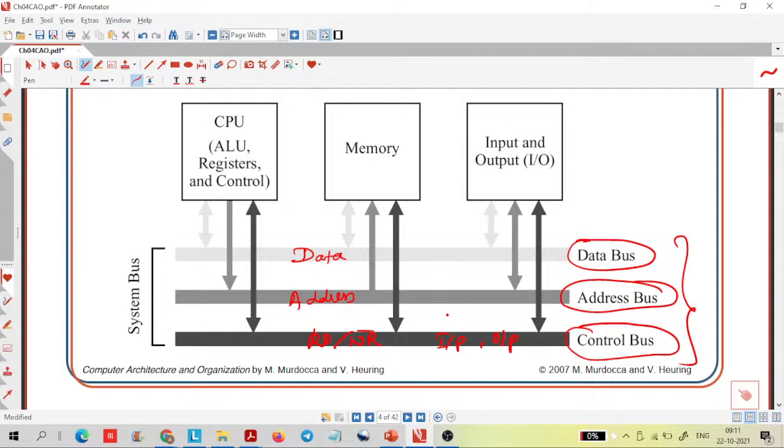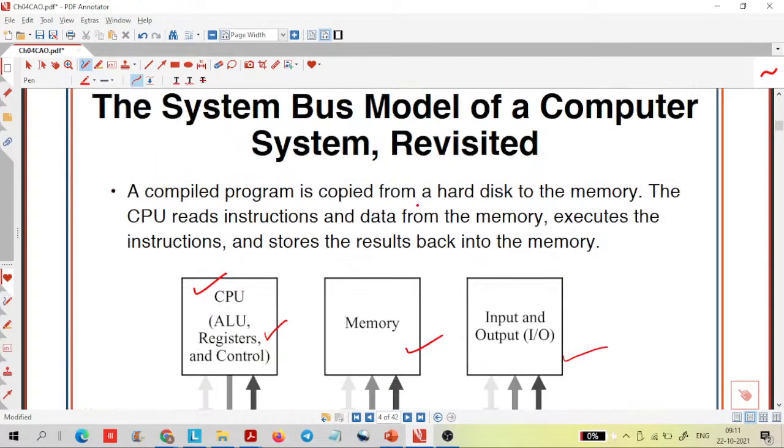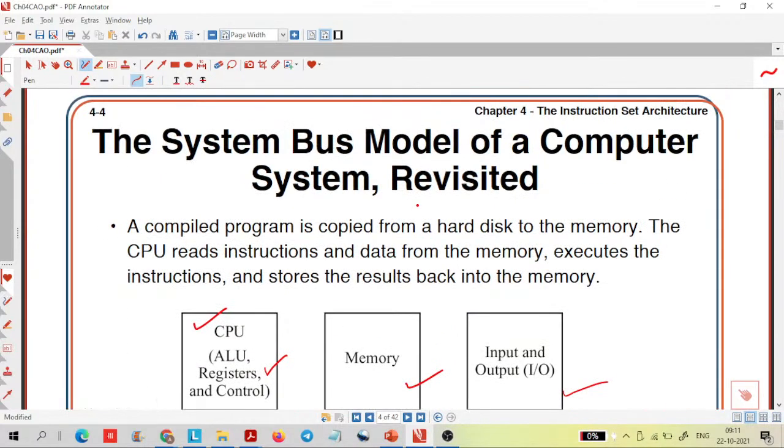These buses each handle their own specific operation, and are all connected to the central processing unit, registers, arithmetic logic unit, memory, and input output. So there is communication among the system buses. This is the general architecture model.